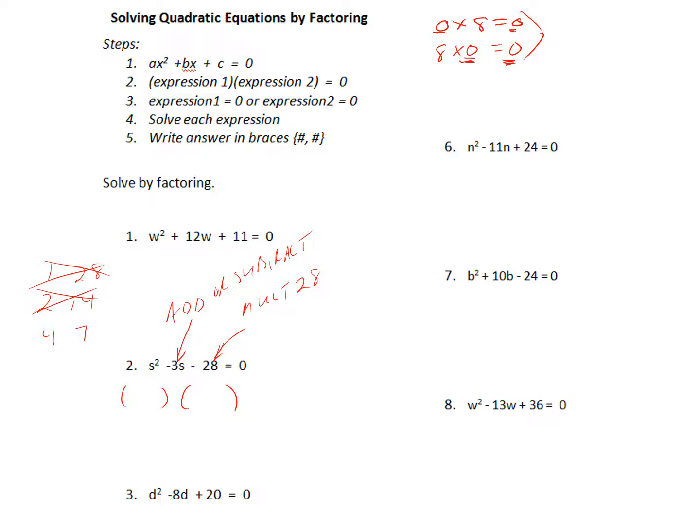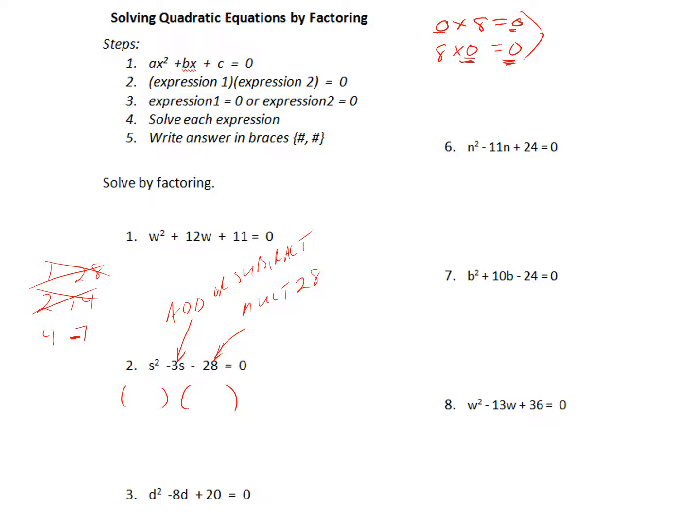If I'm adding two numbers, the larger of the two numbers is going to carry the sign. So I need a -3, so that means the negative has to go with the 7, and the positive has to go with the 4. So I'm looking for 4 and -7. So 4 times -7 gives me my -28, which is what I want.